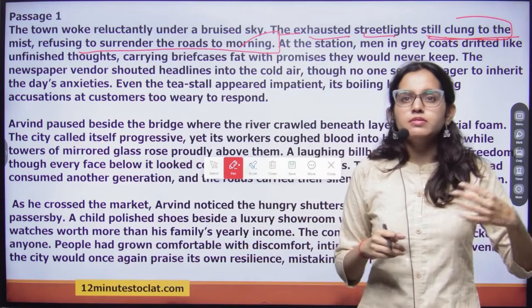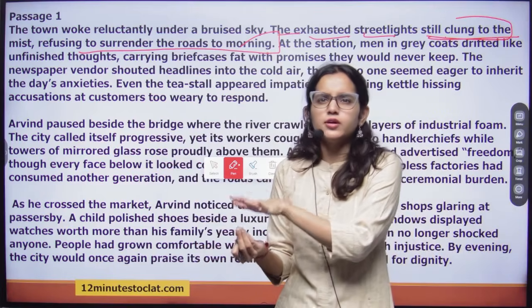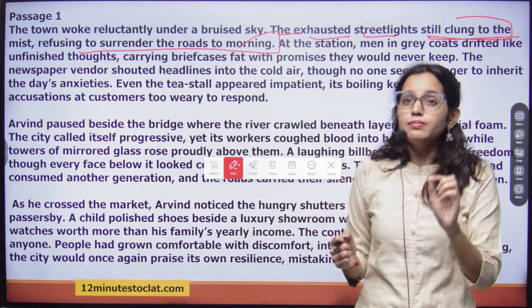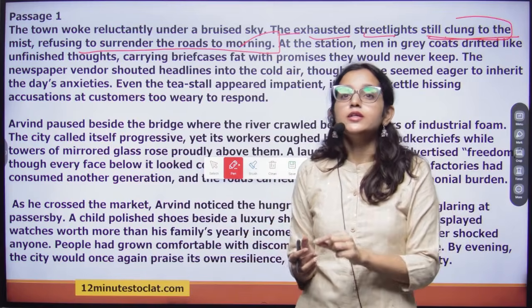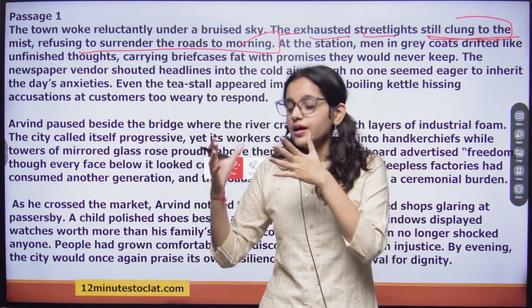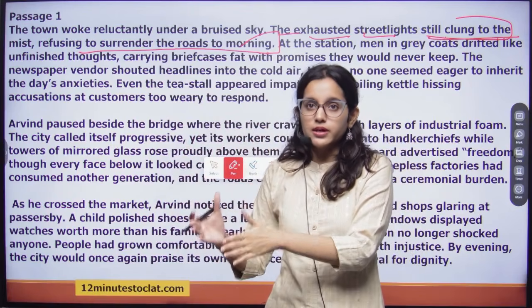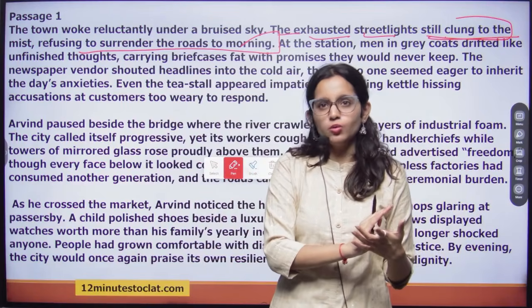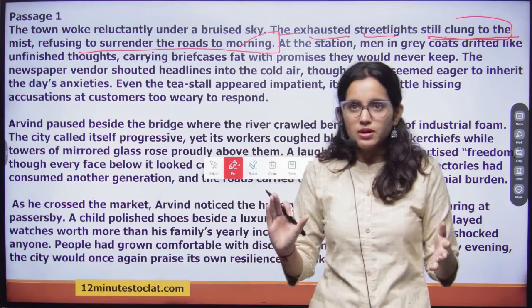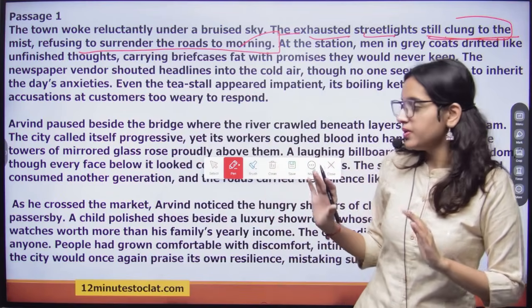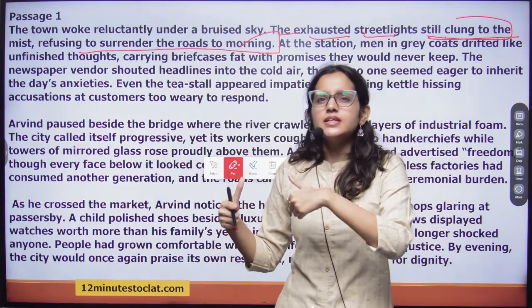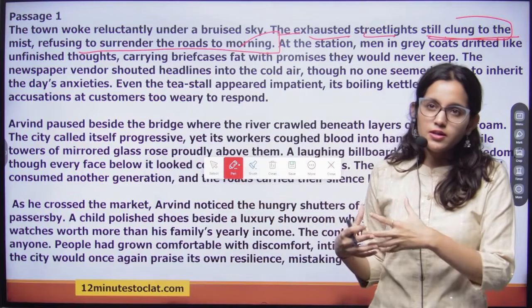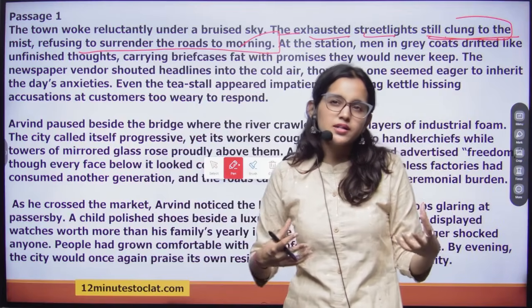So this is not transferred epithet. If you're confused between personification and transferred epithet, this is not transferred epithet. Why? Because if I'm choosing transferred epithet, I need to tell myself the adjective is placed next to this object, but where does it actually belong? Does it actually belong to some person? No, that's not the case here. So transfer epithet clearly out of question. Then metonymy, is it representing some associated institution?